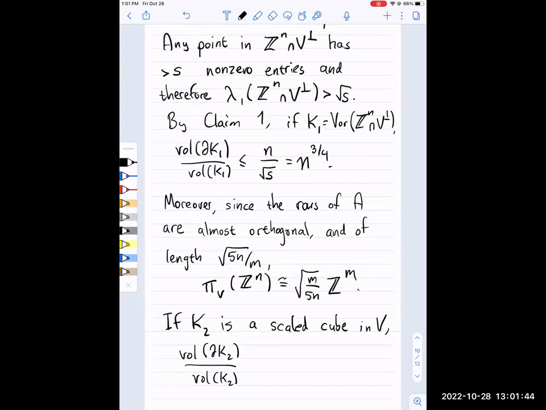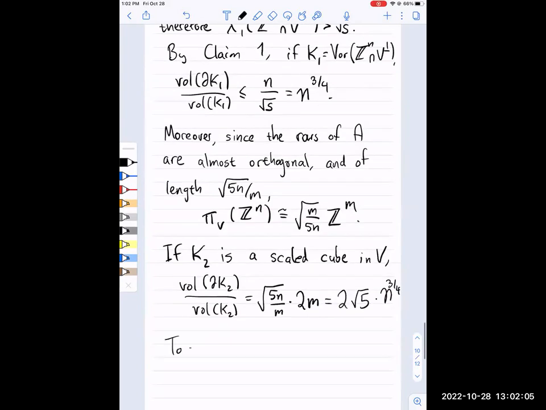I told you it's -1 homogeneous, so scaling down makes me lose a bit in the surface area. So 2m is because it's a cube, and I have to add this extra factor because I'm scaling down. That gives you 2 square root 5 n to the 3/4. So together, you're basically done.